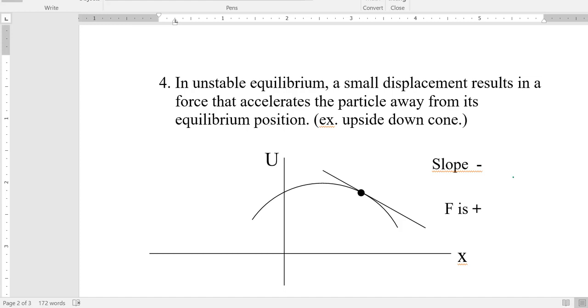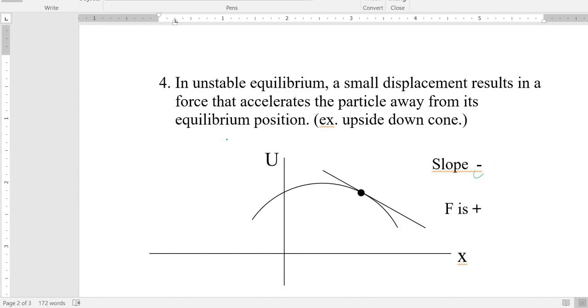If you have a pencil, theoretically you can balance that pencil on its tip. And if I give it even a little shove to the right, it'll accelerate away from equilibrium. And if I give it a little shove to the left, it'll also accelerate away from equilibrium. So that's an example of unstable equilibrium. The thing wants to tip over, wants to go away from equilibrium.